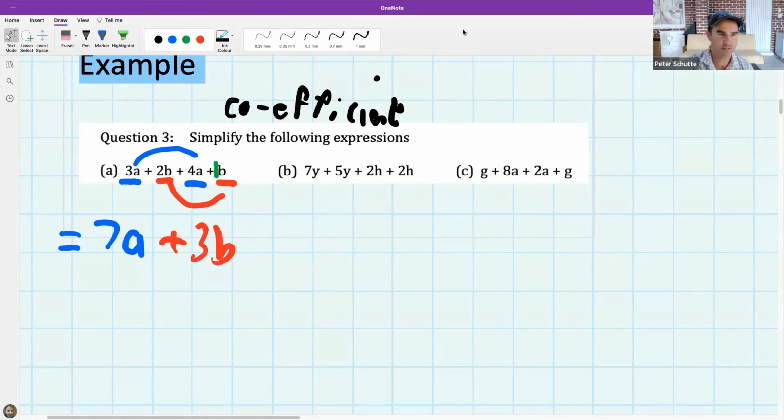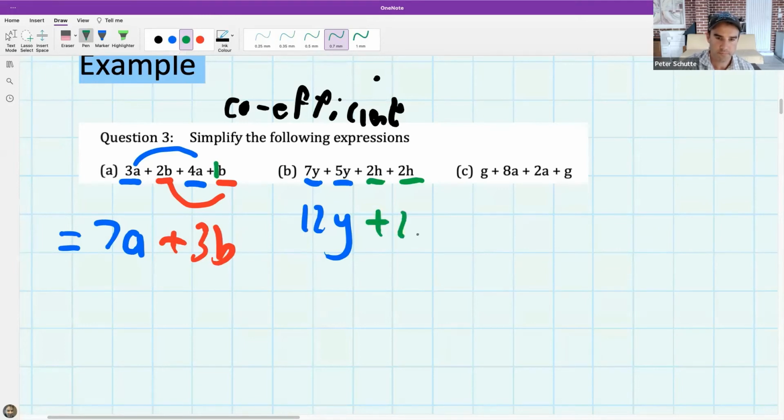They are my awesome favorite class. Okay, so I've put the answer for b there, and I'm going to give a little bit more time for c.